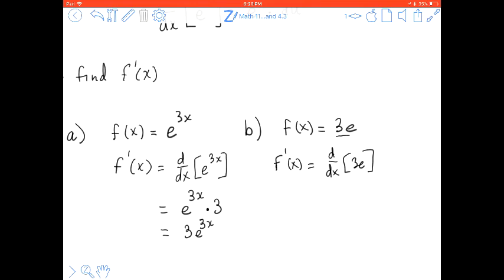This expression, 3 times e to the first power, is a constant. It's no different than the number 2 or the number 10 or 100. The derivative of a constant is 0. 3e is a constant. There's no variable, so it's not technically an exponential expression. It's just a constant. The derivative of a constant is equal to 0.